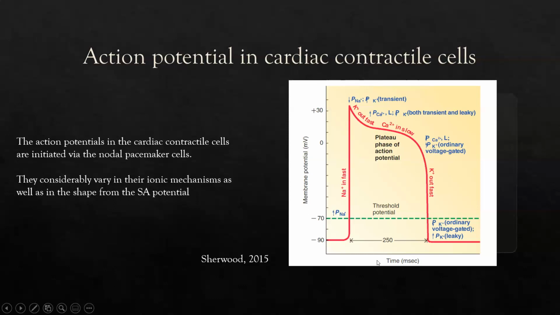The rapid rising phase of the action potentials in contractile cells is a result of the influx of sodium, as I stated earlier, on opening of the fast sodium channels at threshold. So once it reaches threshold, we have this incredibly fast influx of sodium, and then that fast spike that you see here.